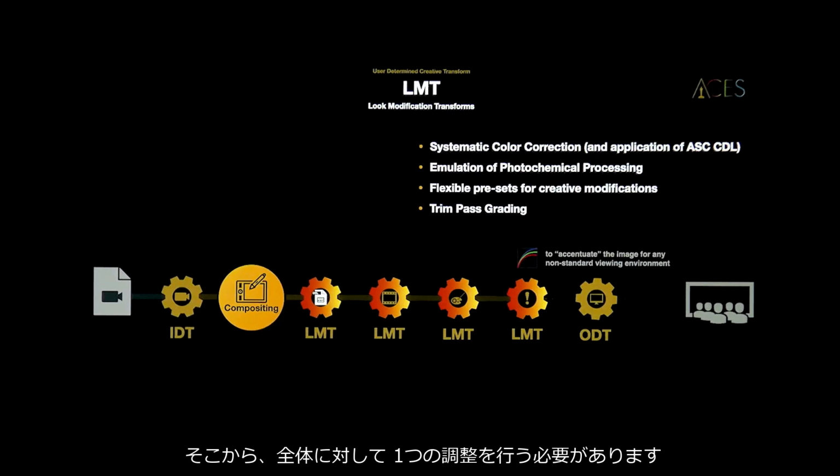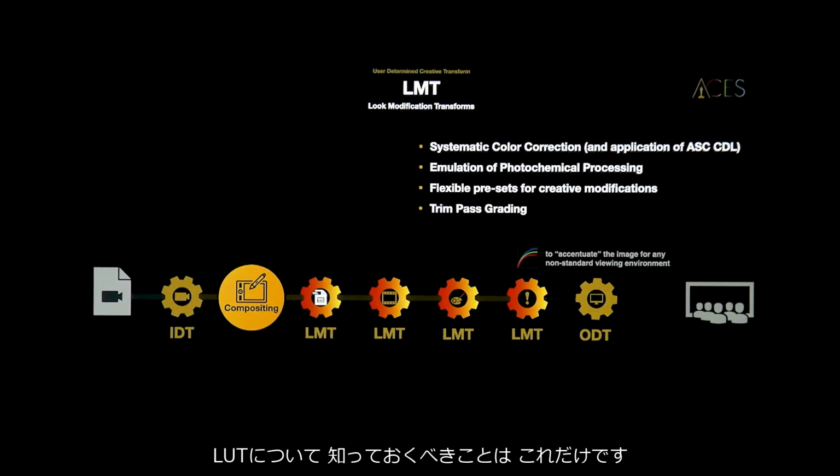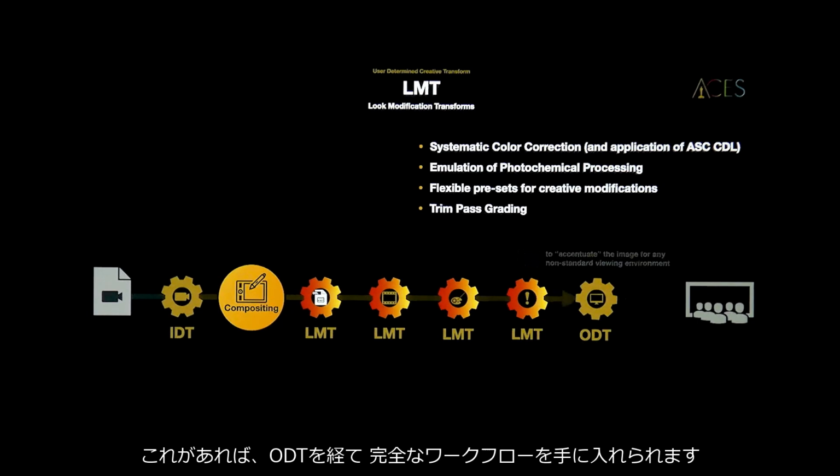So that is another look transformation. So this is what I mean. You can apply as many as you like, and you have many different kinds of files that you can use. OpenColorIO supports many different files, and the new version even more. That is all that you need to know about the LUTs. So once you have that, you get through the ODT, and you get the full workflow.